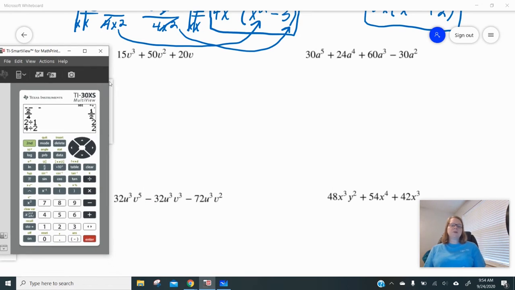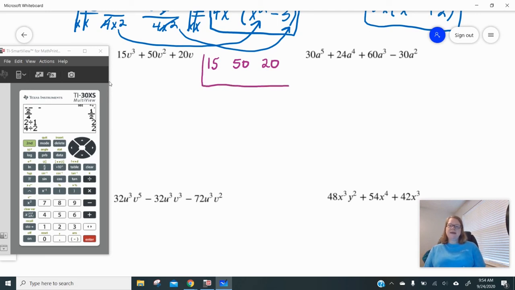So here's what I'm going to do. In general, this is going to work every time. And so I want to go with that because that's kind of been my theme throughout this process. So 15 and 50 and 20. Now, if they had been negative, I'd put the negative in front for sure, but they're positive, so I don't need to do that. And I'm going to draw an upside down little division sign for now.